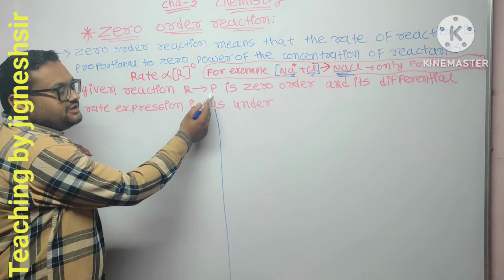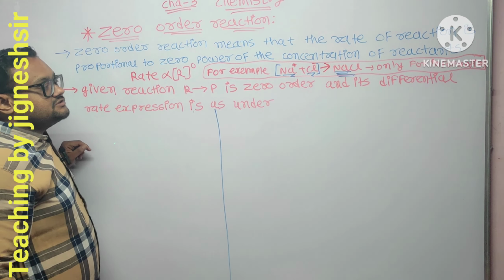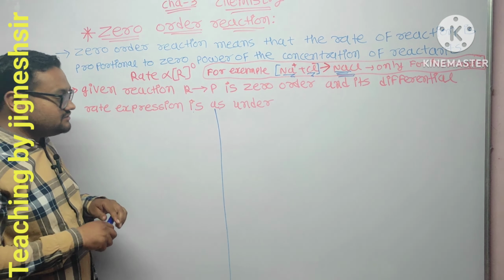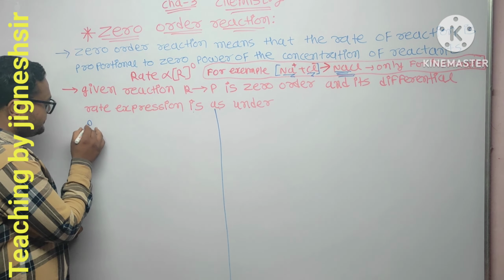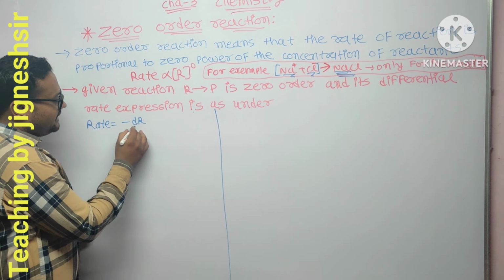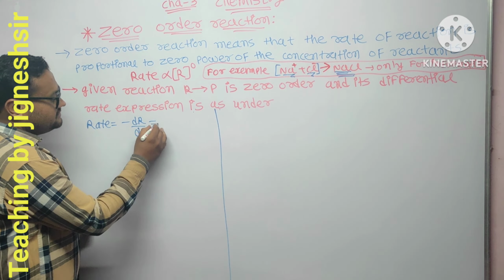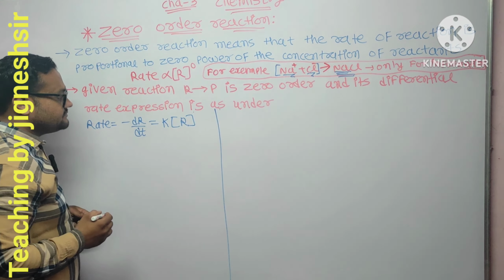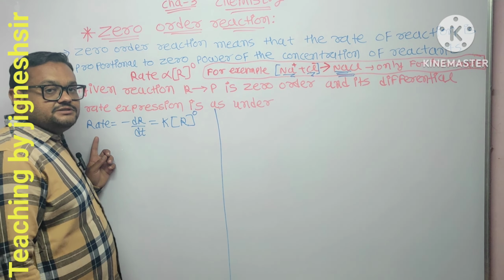Here R tends to P is a zero order reaction, and its differential rate expression is as under. Rate is equal to minus dR upon dt is equal to K[R]^n. We have to remember this formula.